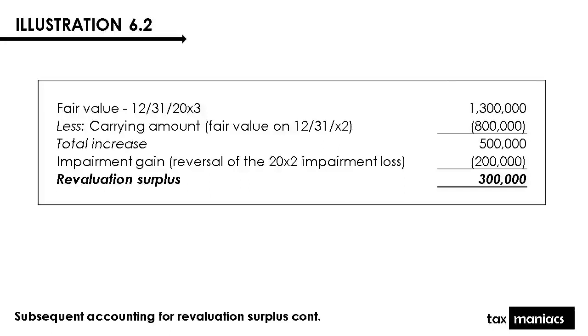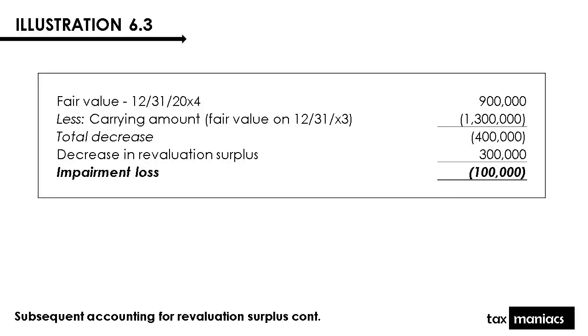If we subtract impairment gain or the reversal of the 2002 impairment loss of 200,000 from the total increase of 500,000, we get a revaluation surplus of 300,000. The impairment gain of 200,000 pesos is recognized in profit or loss, while the 300,000 revaluation surplus is recognized in other comprehensive income and accumulated in equity.